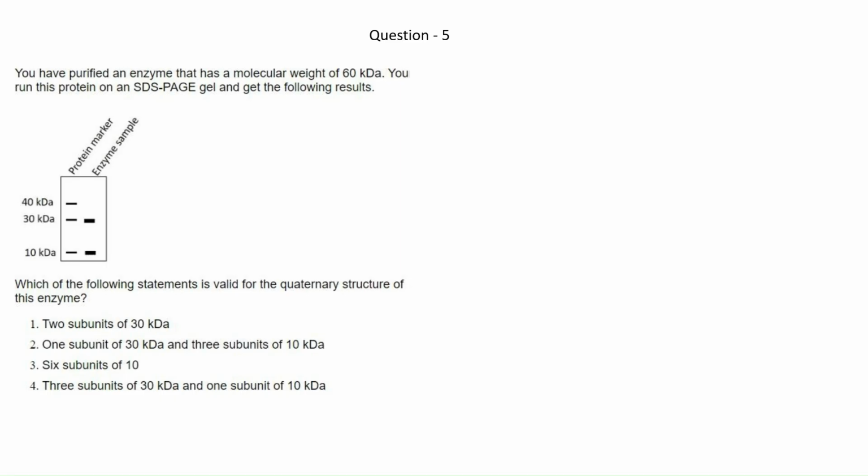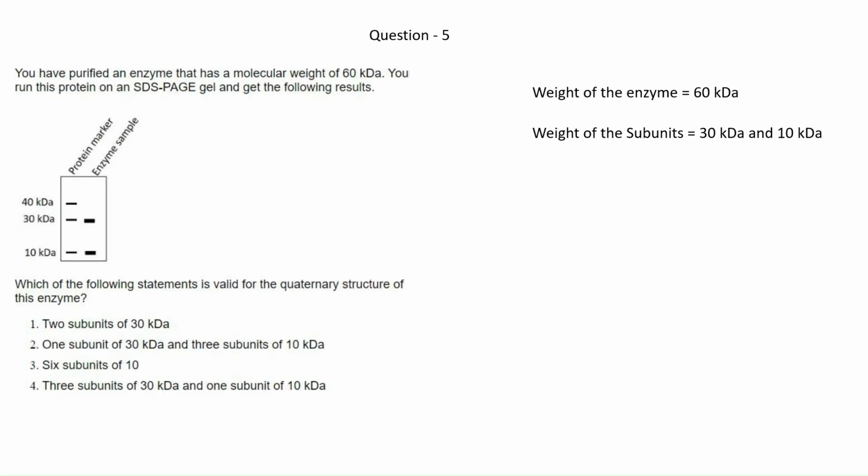Now, to answer this, we can see in the gel that there are two different bands of 30 and 10 kilodalton, which means that our answer will contain both the subunits. So it leaves us with option 2 and option 4. So now the total weight of our enzyme is 60 and the weight of the subunits is 30 and 10.